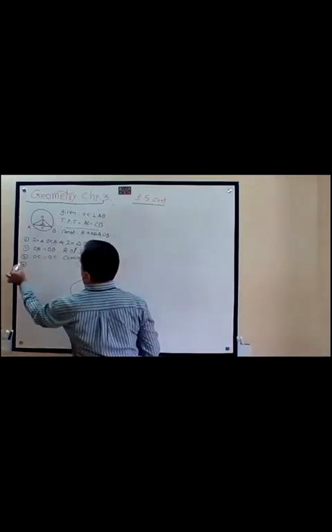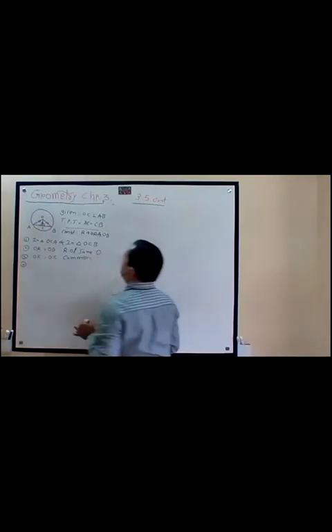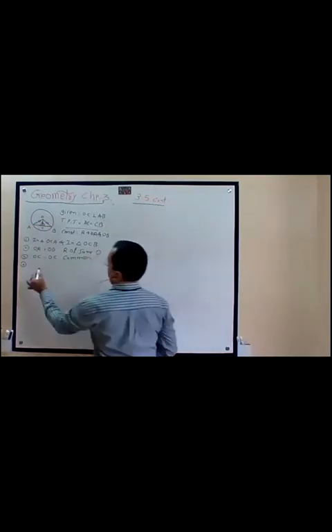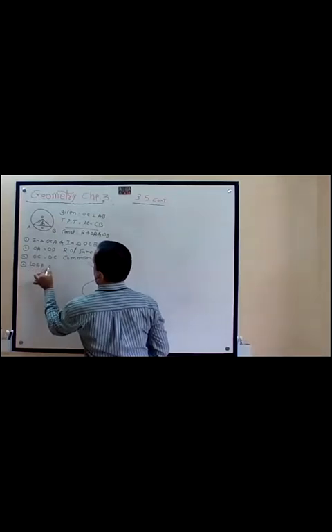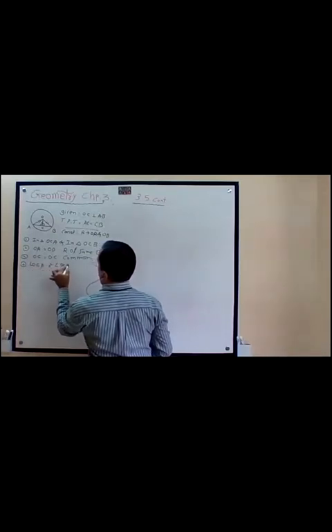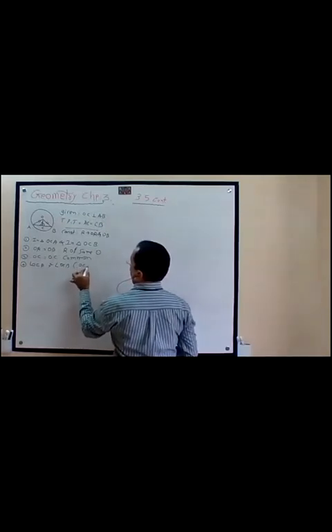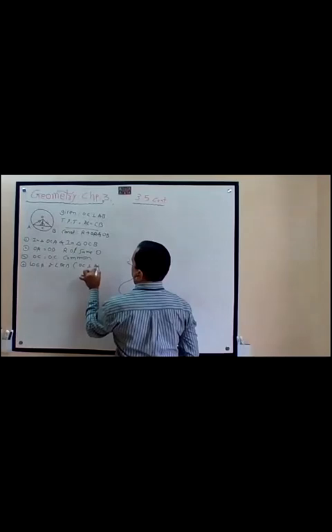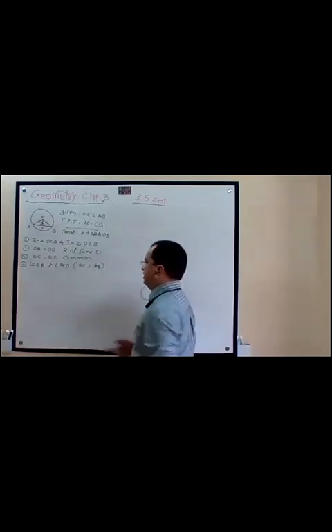Fourth, these are equal, these are common. In this, triangle OCA is congruent to triangle OCB. Why? OC is perpendicular to AB. If it is perpendicular, both the sides are each 90.